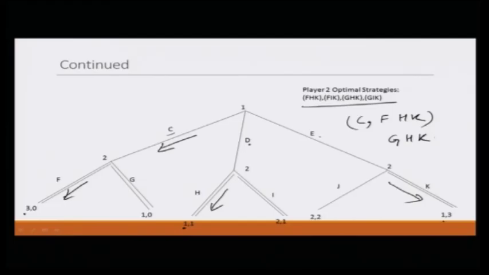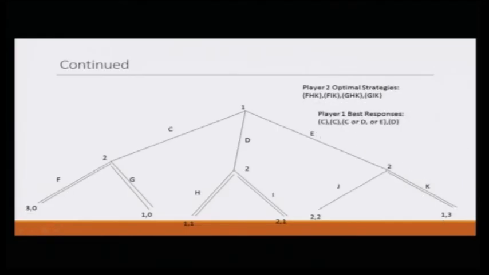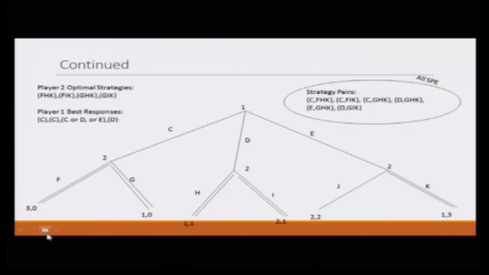So, he is indifferent between playing C, D or E. So, all are equilibria: C, G, H, K; D, G, H, K; and E, G, H, K. Here I have written C, F, H, K; C, G, H, K; D, G, H, K; E, G, H, K, and you can obtain all the other subgame perfect equilibria.